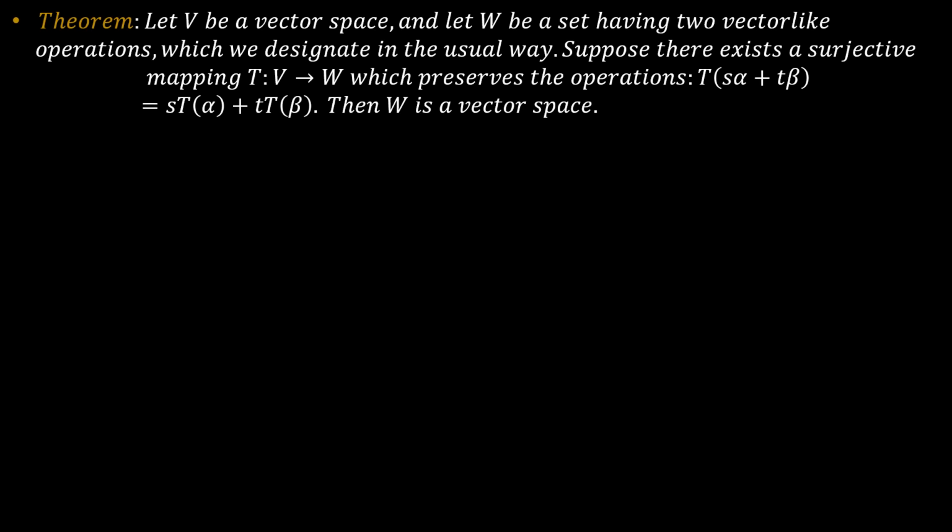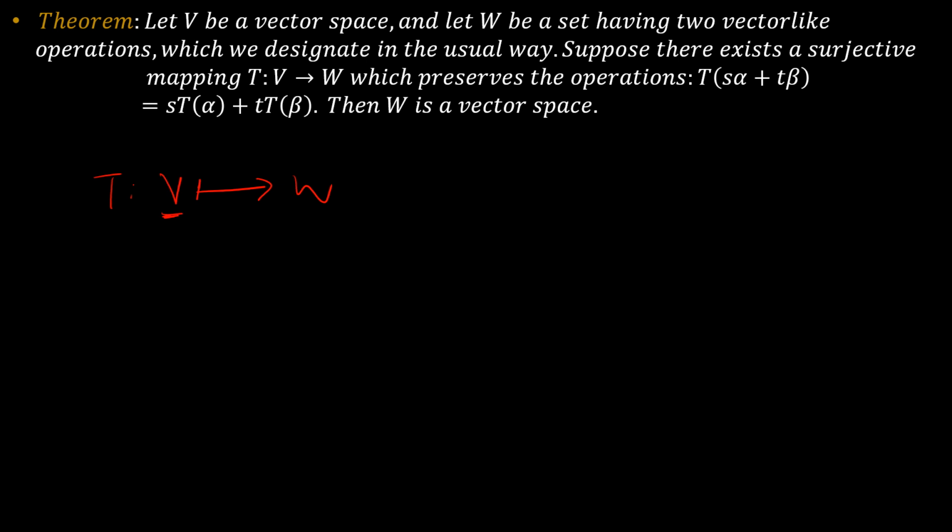So we're going to prove a theorem here, maybe just state it. That is, let V be a vector space, right? And there is a mapping from V to W. So V is a vector space and W is a set having two vector-like operations.